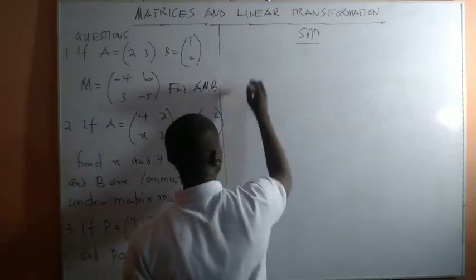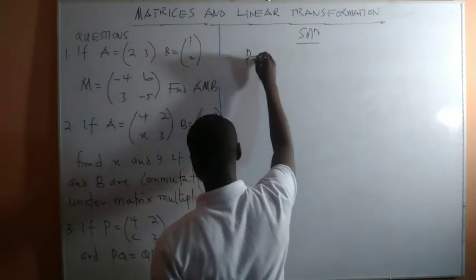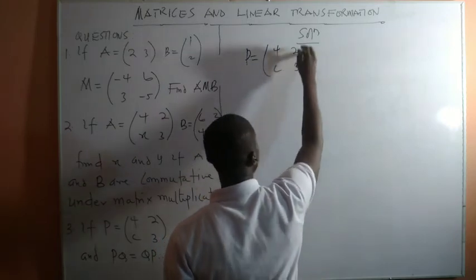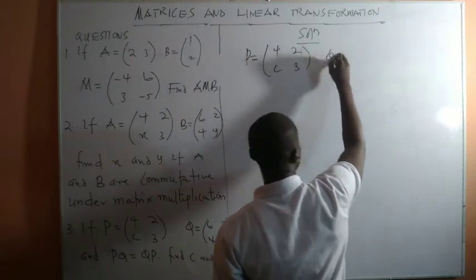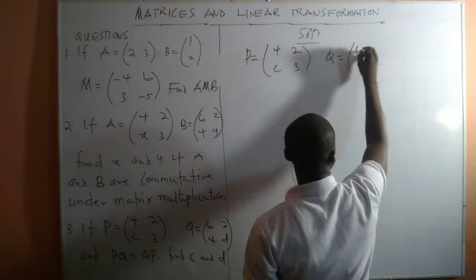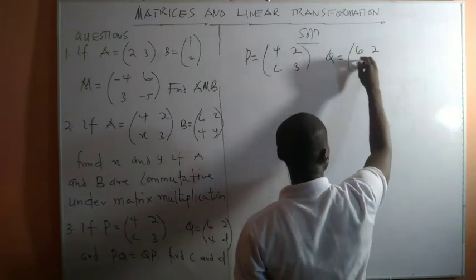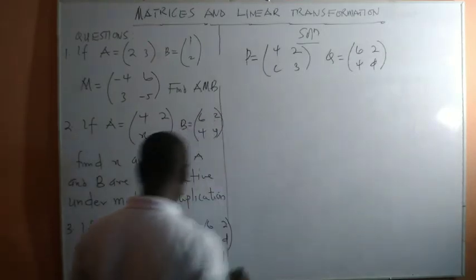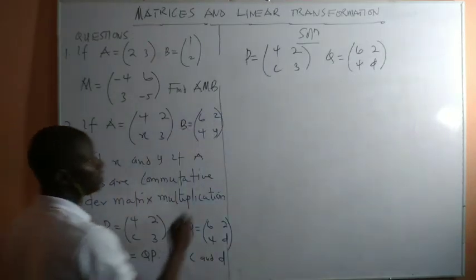Now the question number 3: we are given P to be equal to [4, 2; C, 3], and we are given matrix Q to be equal to [6, 2; 4, D]. Now we are given the condition that PQ equals QP.